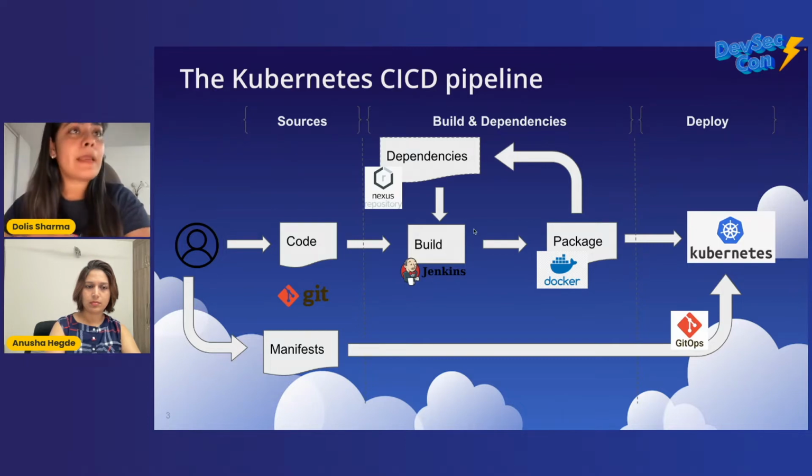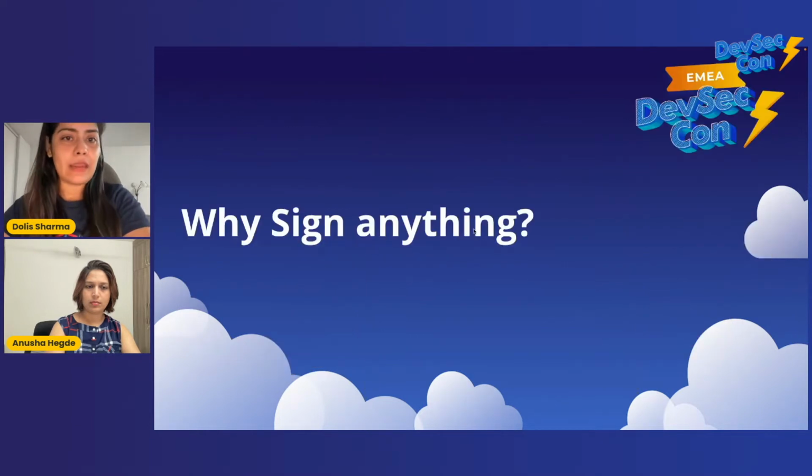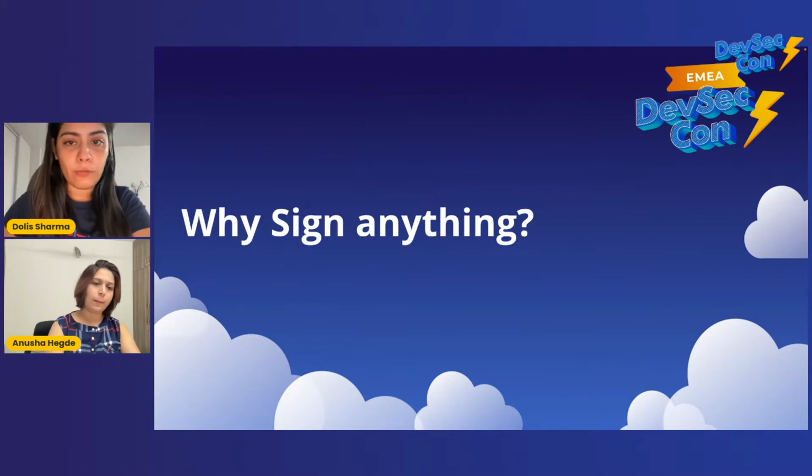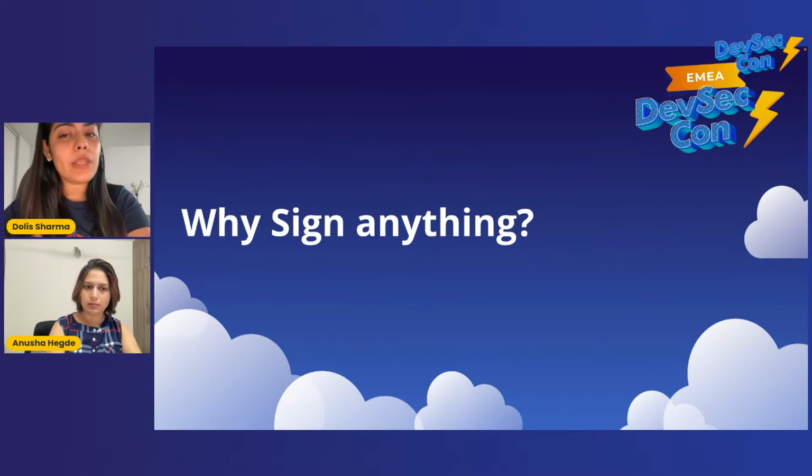So once we have this pipeline, why should we sign anything? If we forget about software for a moment and think generally about why we use signatures, we will know how important it is and why it is so necessary to provide trust in any process. It narrows down to three things. Signing provides authenticity, so you can make sure that the data or payload you are pulling is coming from an authentic source.